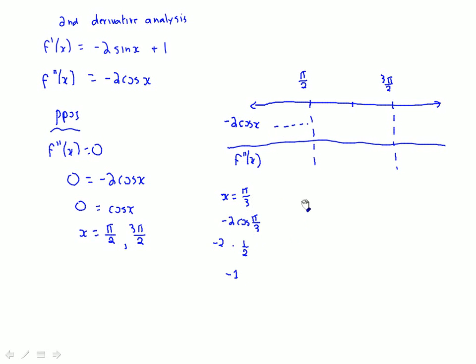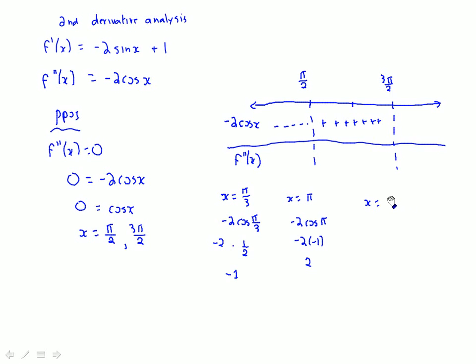And then between pi over 2 and 3 pi over 2, try x is equal to pi. A nice easy quadrantal between them. Negative 2 cos of pi is negative 2 times negative 1 is positive 2. So we're positive there. Move into quadrant 4. If you did 2 pi, because that's not a natural endpoint, you'd be safe. But I'll play it strictly by the book.